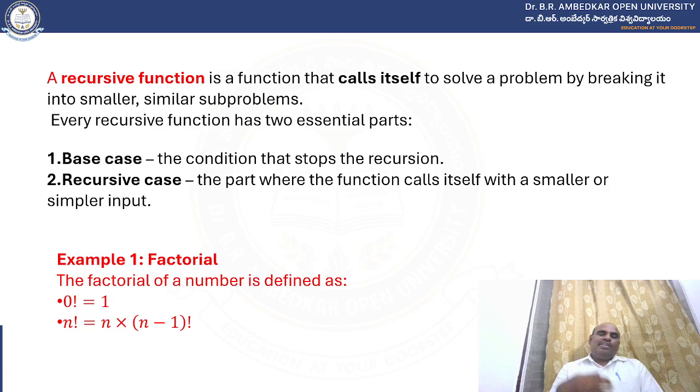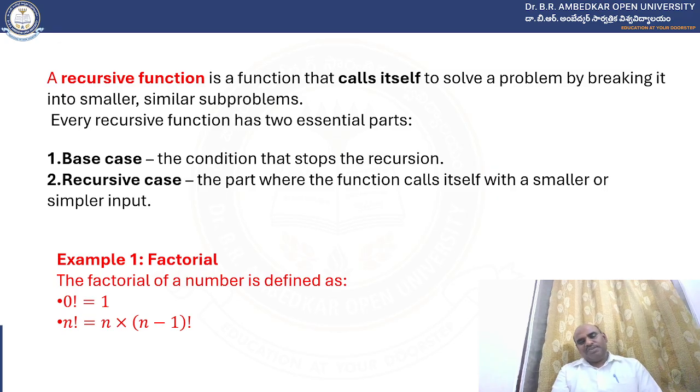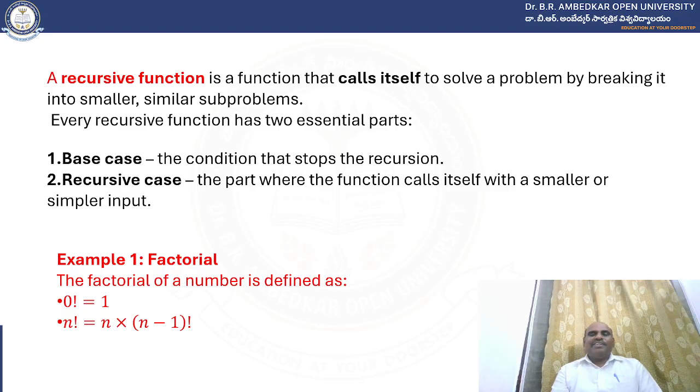The second one is the recursive case, the part where the function calls itself with a smaller or simpler input. Here the value can be decreased, like first 5, next 4, next 3. Suppose we take 5 factorial: 5 into 4 into 3 into 2 into 1, like this, smaller parts.